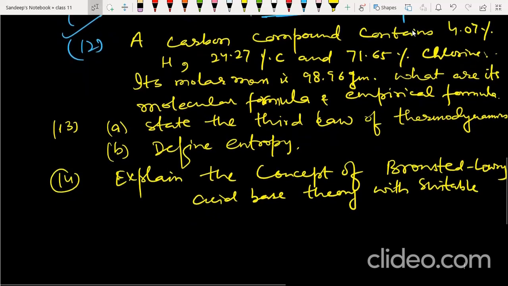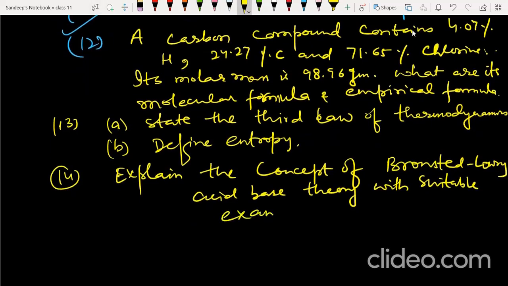A Bronsted acid is a proton donor, and a Bronsted base is a proton acceptor. After removal of a proton from an acid, what is left is the conjugate base. If a strong acid is there, the conjugate base will be weak. If a weak acid is there, the conjugate base will be strong. So this is the Bronsted-Lowry concept.